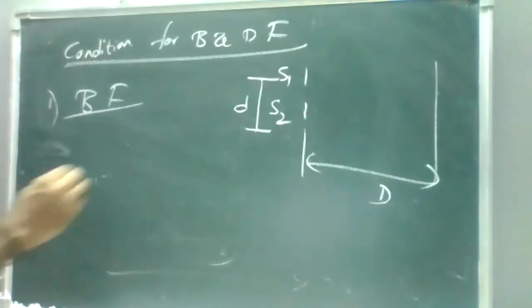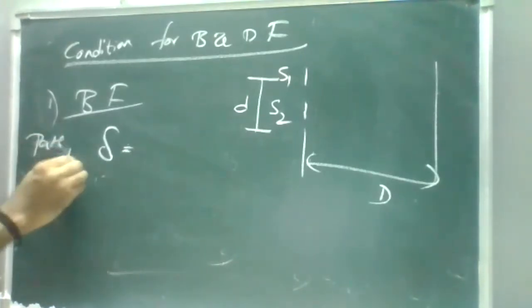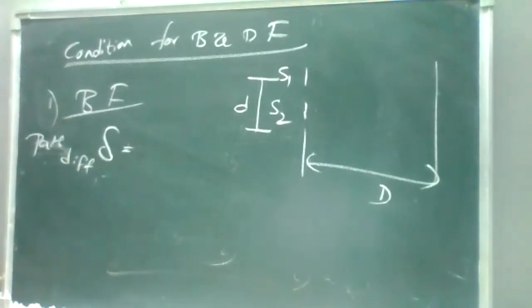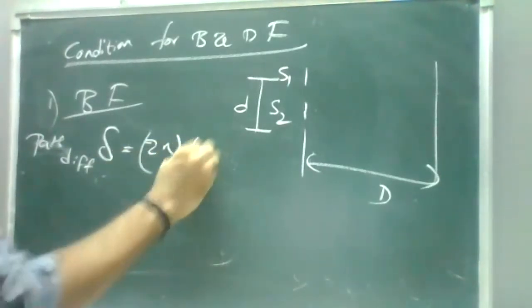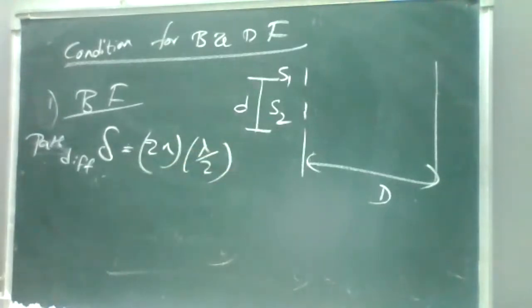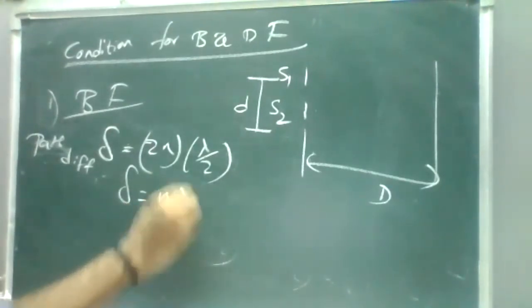For the bright fringe, path difference del is equal to 2n into lambda by 2, or we can say path difference del is equal to n lambda.